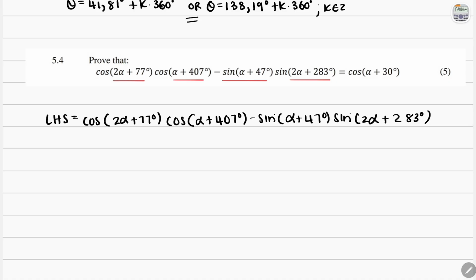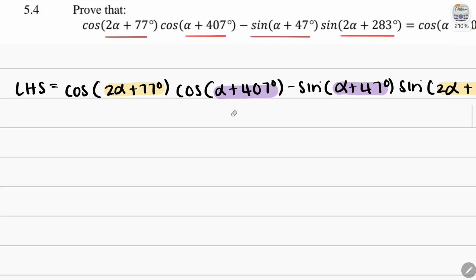With the way it's structured, it looks like it's supposed to use the compound angle formula for cos. So because of that, it will mean that it goes in the form of cos, sine, and then this is your first angle. We can call that A, and then this is B, and then A, and then B, okay? But really this one is the A, and then that's the B, okay? But the thing about this is, if you try to simplify these angles, this one is perfect.